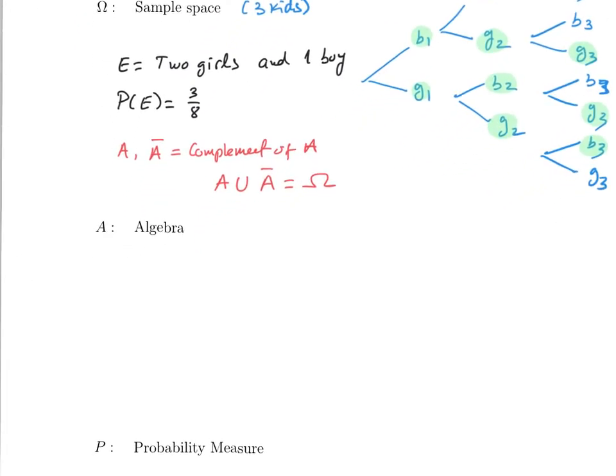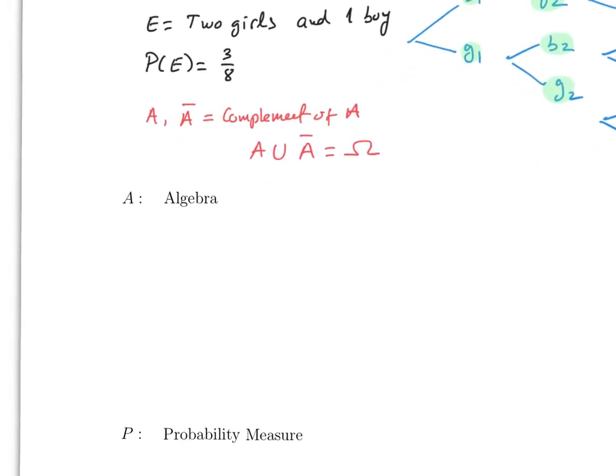The next part of the probability space is an algebra, and this may be something that you may have not seen before. So what is an algebra? An algebra is a collection of subsets of omega such that the following is true. Number 1, omega, the whole sample space, belongs to the algebra.